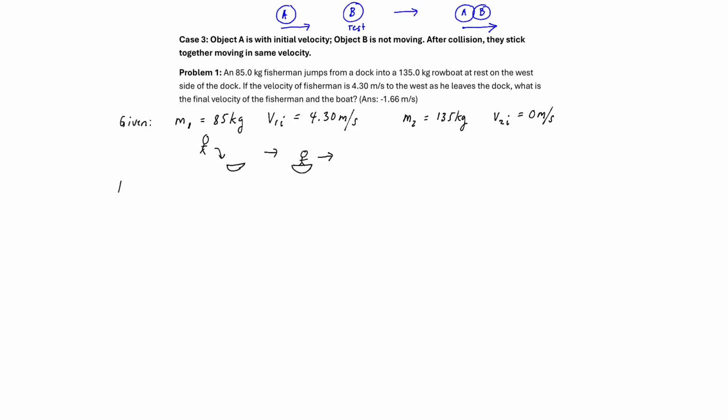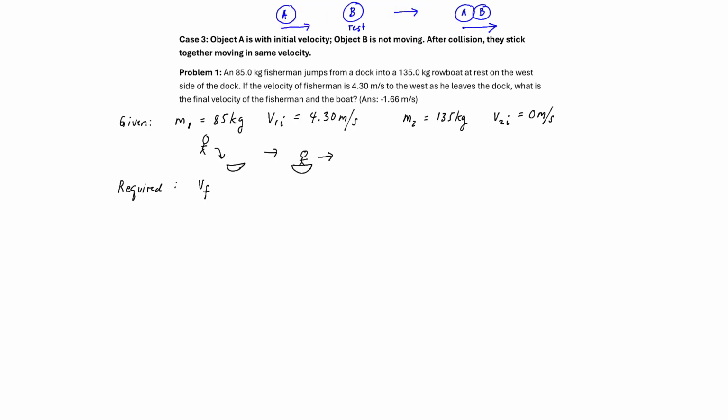And so what will be the required here? The required is the final velocity of both the boat and the man. And this would be the scenario, right?